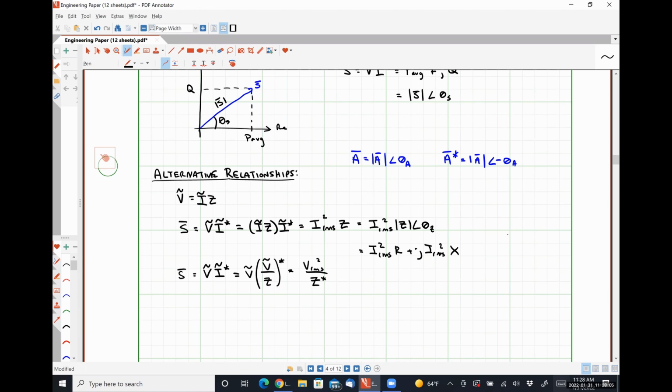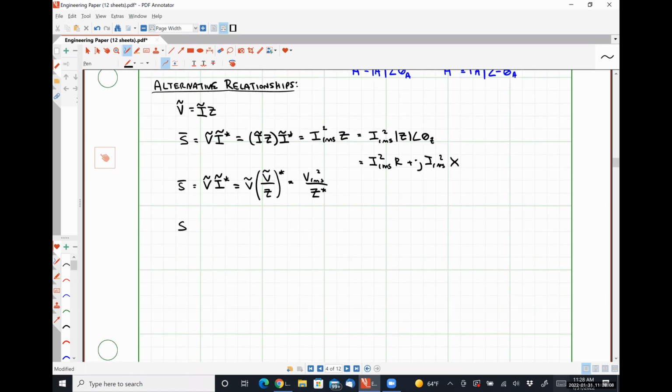All right, so for a resistor, since the impedance is purely real, it's fairly straightforward that our complex power is simply I RMS squared times R. And if we look at this relationship, what's the complex conjugate of a real number?